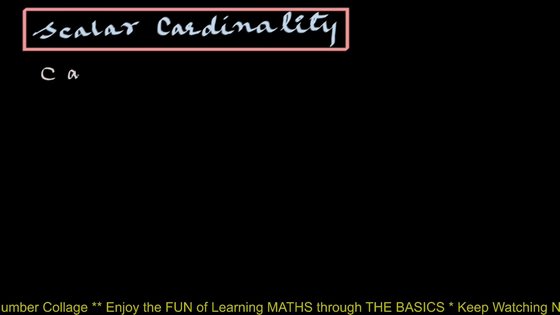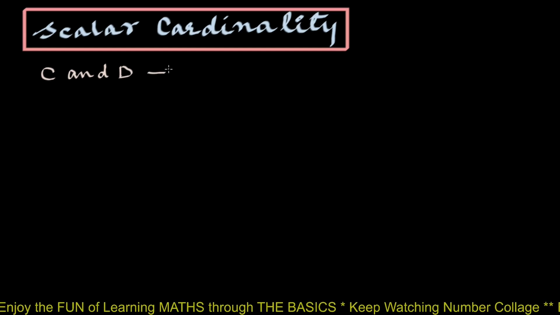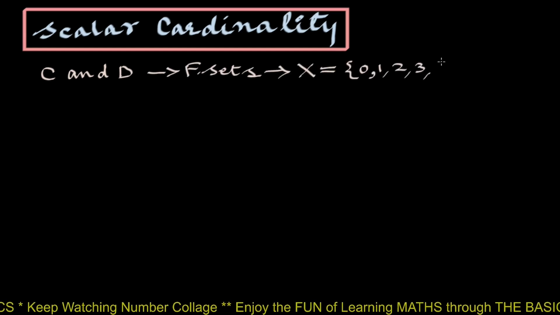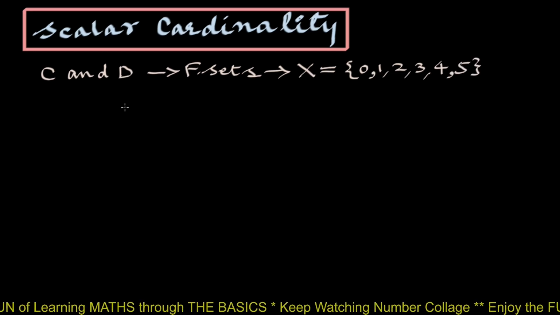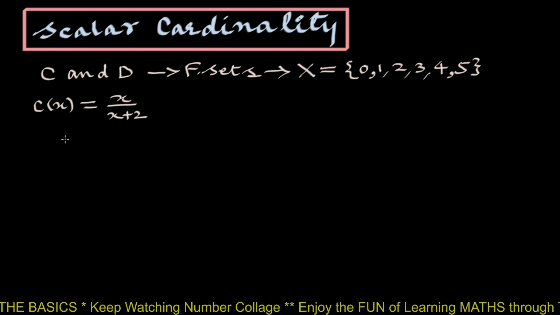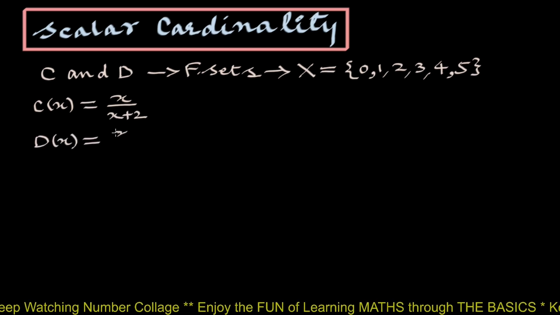Let C and D be fuzzy sets defined on X = {0, 1, 2, 3, 4, 5} as C(x) equals x upon x plus 2 and D(x) equals x upon x plus 5.